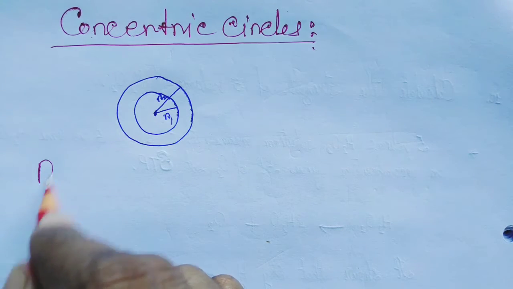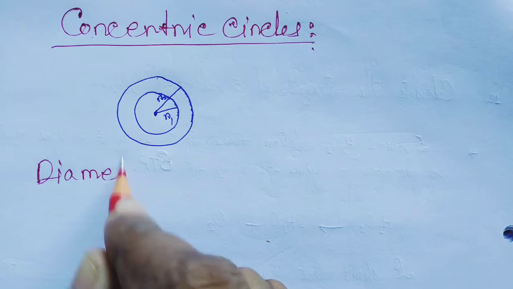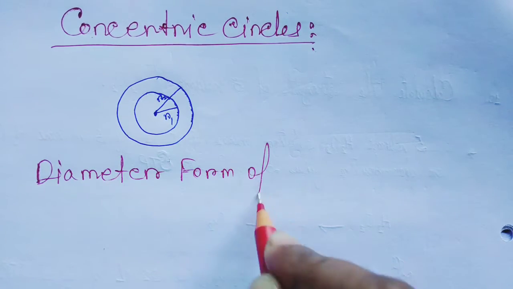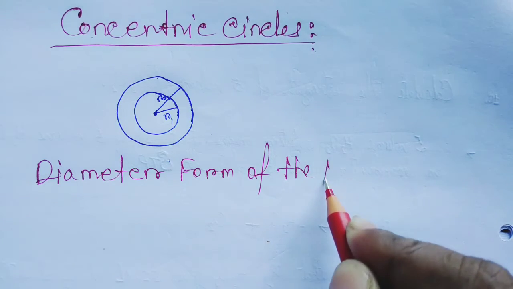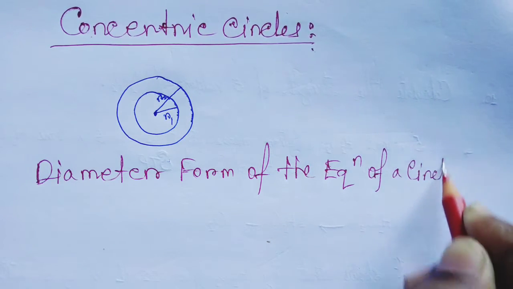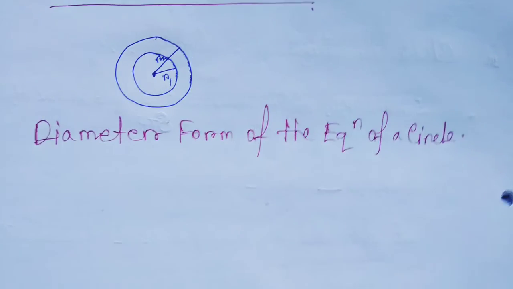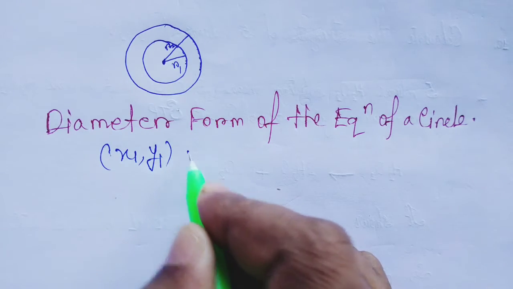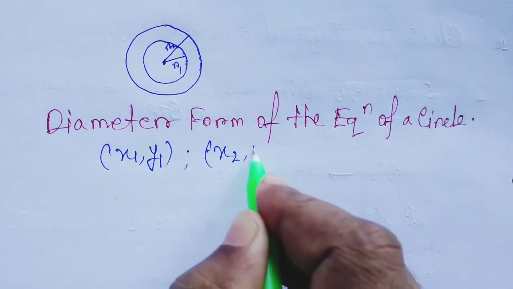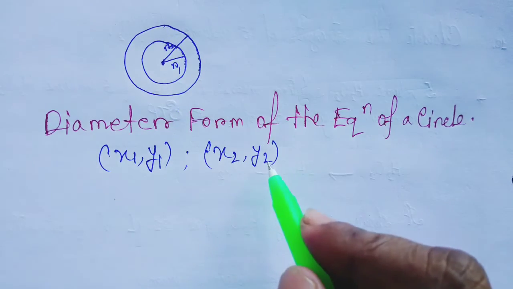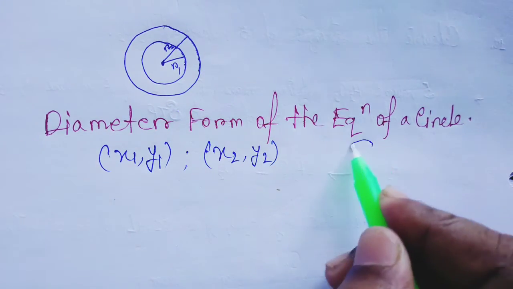Now we have to know the diameter form of the equation of a circle. Let (x1, y1) and (x2, y2) be the two endpoints of the diameter of any circle.